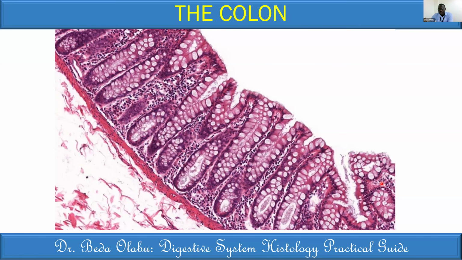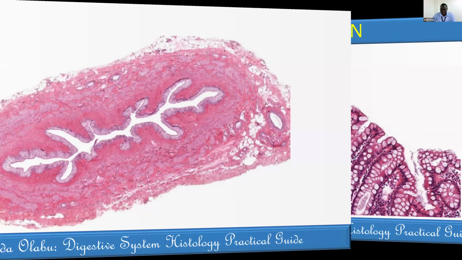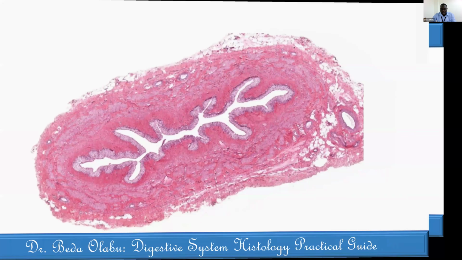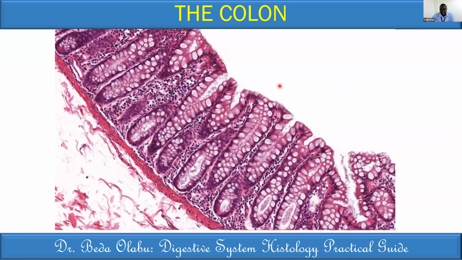Is that okay, Michelle? Yes. Okay. So that is basically how the colon looks. You pick it by the fact that you have the tinea coli and you have the crypts lined by several goblet cells.